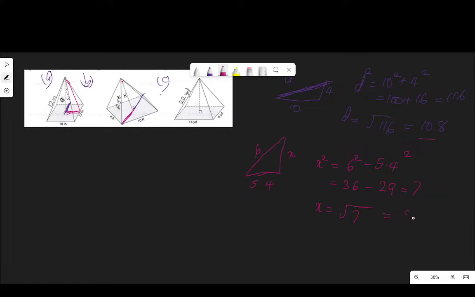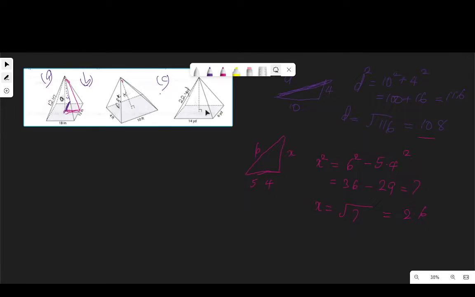2.6 approximately. So the vertical height of this pyramid is 2.6. Now that we know the vertical height, we can calculate the height of the triangular faces. How can we do that?